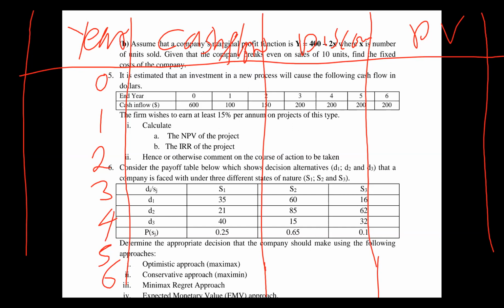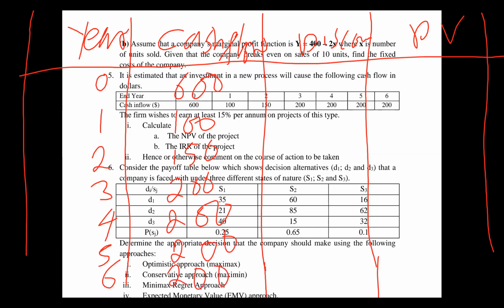In year 0, we have 600. In the following years, we have 100, 150, 200, another 200, again 200, and 200.